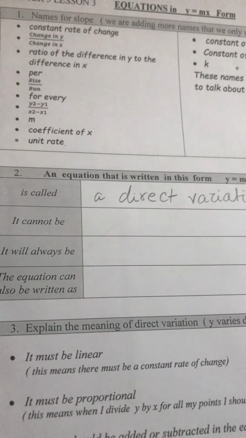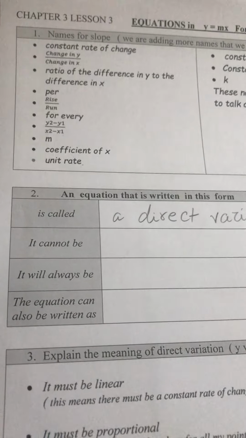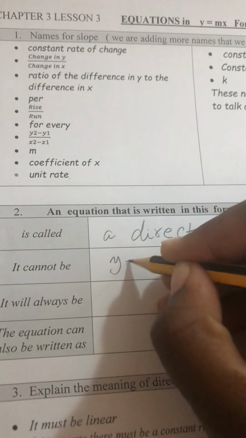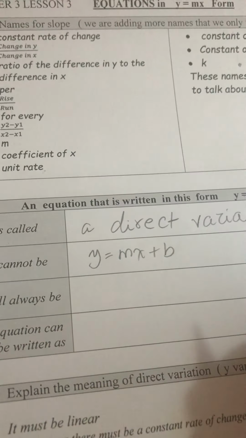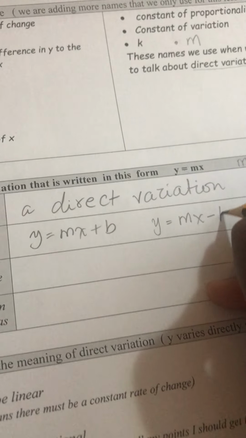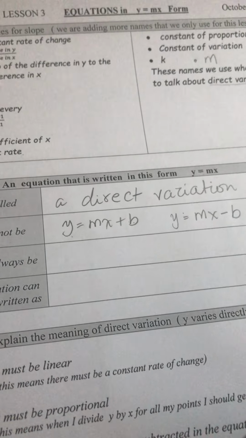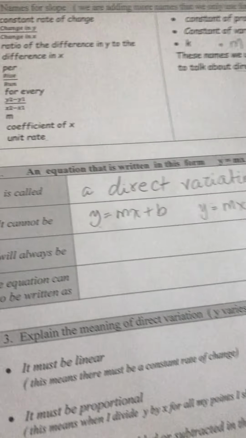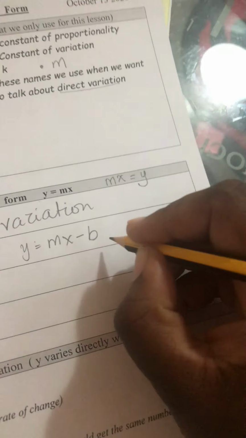Also, it cannot be written as y equals mx plus b, or y equals mx minus b. You should not write it like that. It should only be written like this, y equals mx. Okay? It also cannot be horizontal.